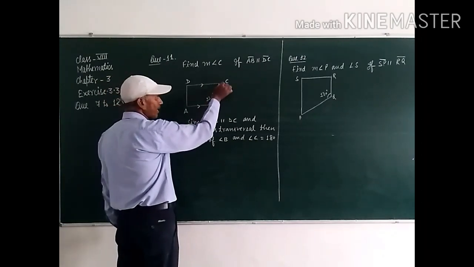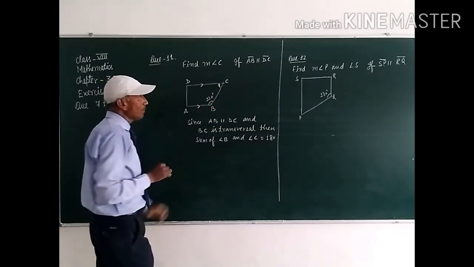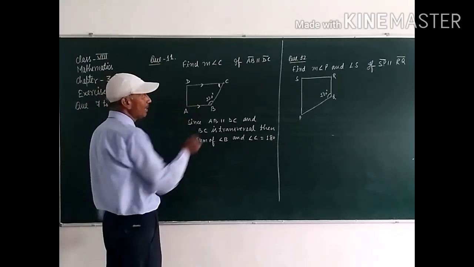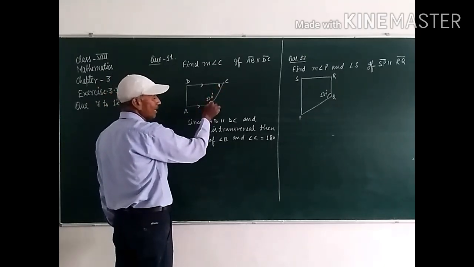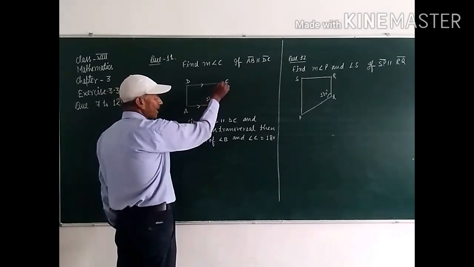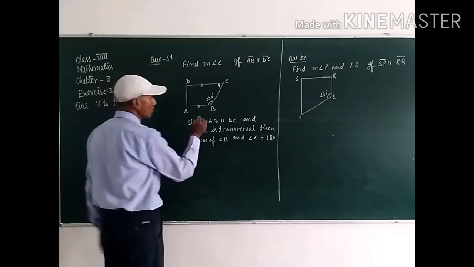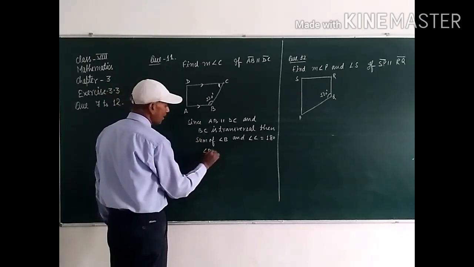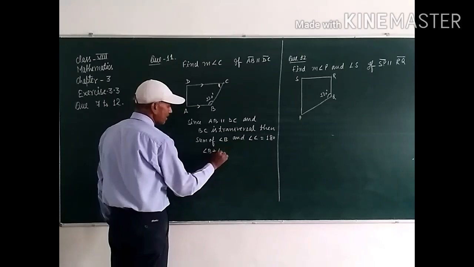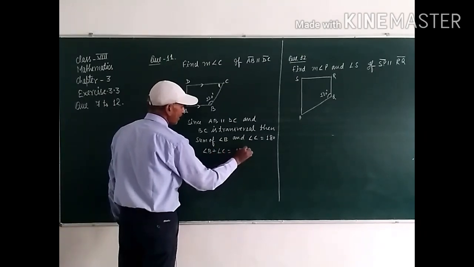So, interior angles same side of transversal will be supplementary. If two parallel lines are intersected by a transversal, then co-interior angles same side of the transversal will be supplementary. So, angle B plus angle C is equal to 180 degree.